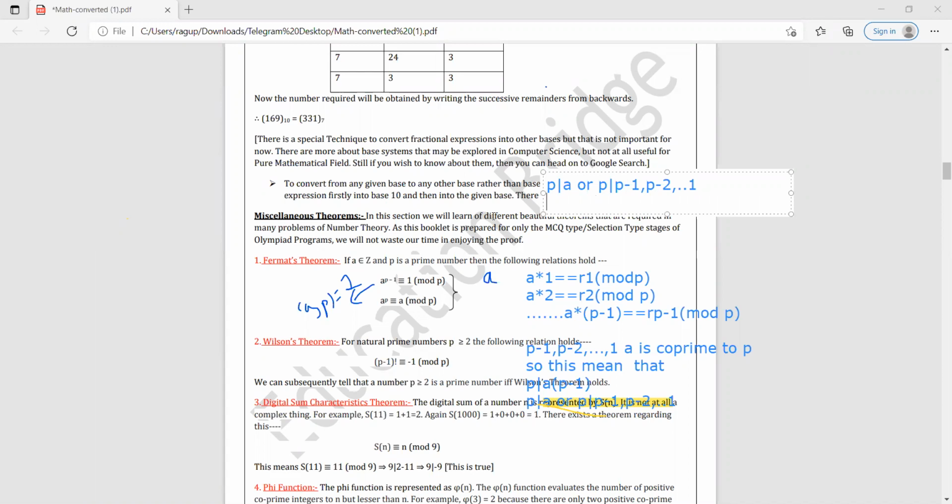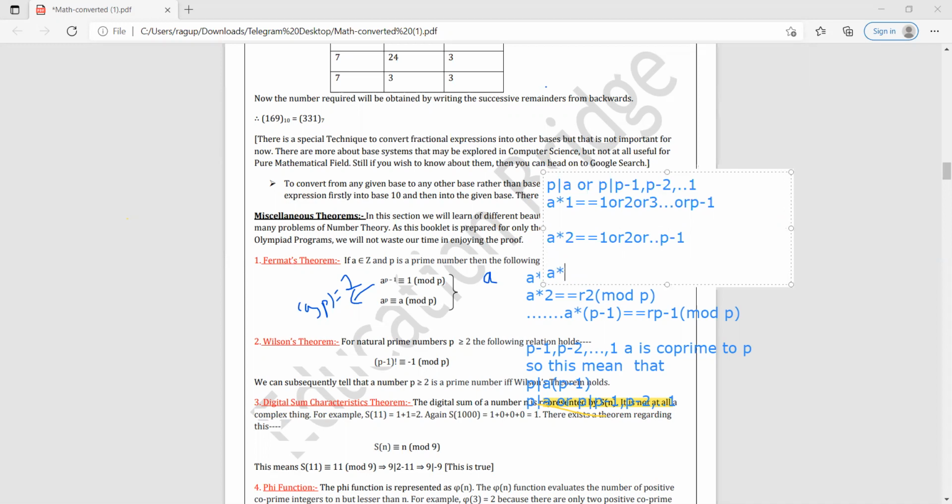So a into 1 would leave a remainder which is either 1 or 2 or 3 or p minus 1. Similarly, a into 2 will also leave a remainder either 1 or 2 or dot dot dot p minus 1.